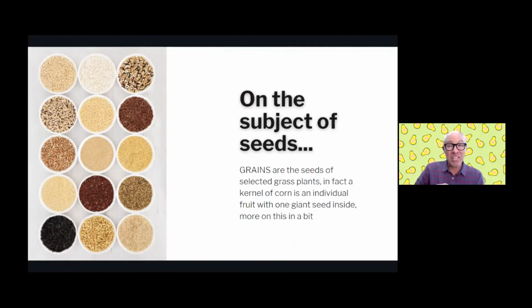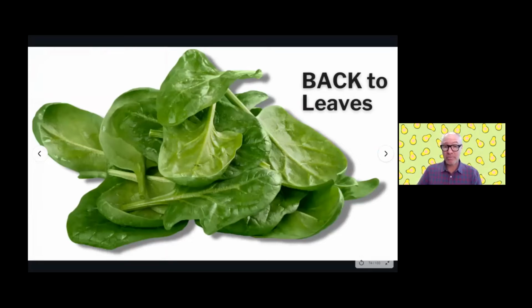Humans have exaggerated a lot of starch into certain grass seeds and created cultivars that are very, very important, if not essential, to the lives of many people in the world. We'll talk about how a kernel of corn is a fruit when we get to the fruit part.